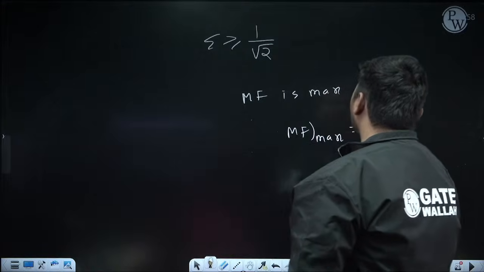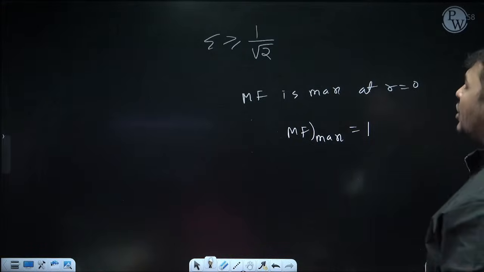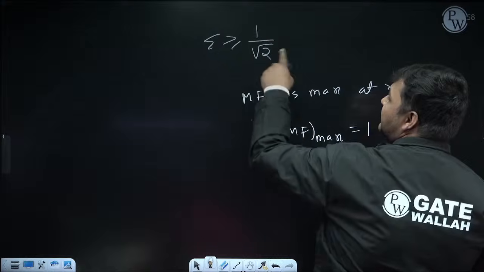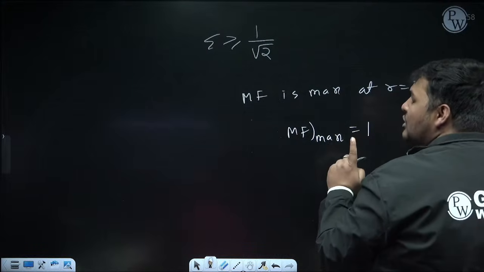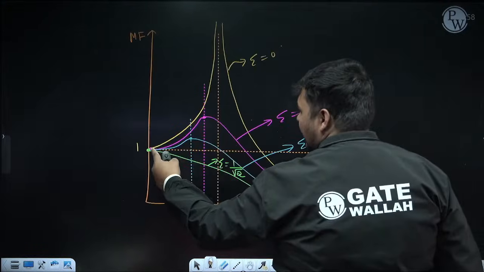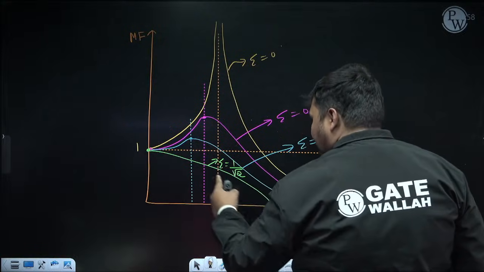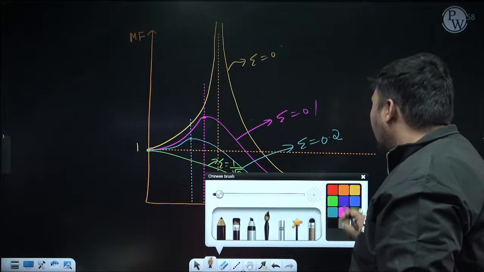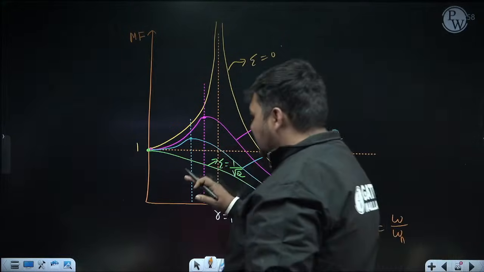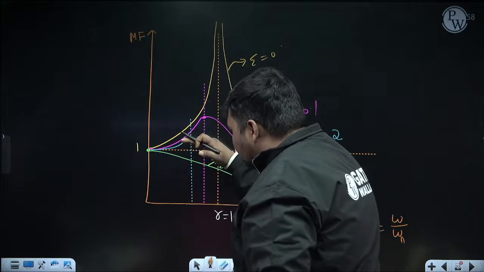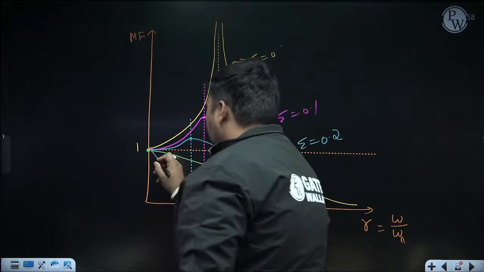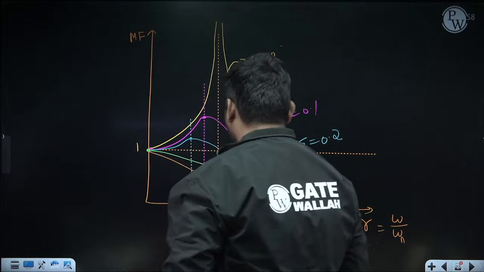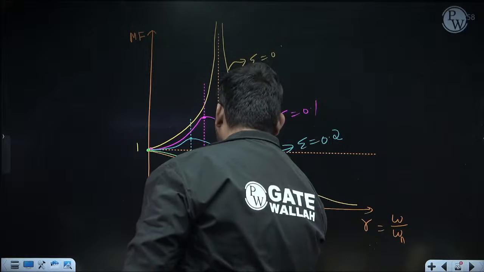And we know at r equal to 0, MF is 1. So the maximum value of MF will be 1. Suppose you are drawing the graph for zeta 0.9, which is greater than 1 by root 2. For that value of zeta also, MF will be maximum here and the maximum value of MF will be 1, and after that it will continuously reduce. But after zeta equal to 1 by root 2, if you increase zeta, the graph will shift more towards the downward side, but the pattern will be the same.